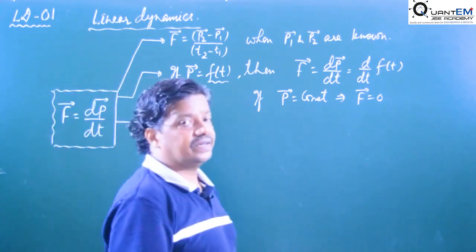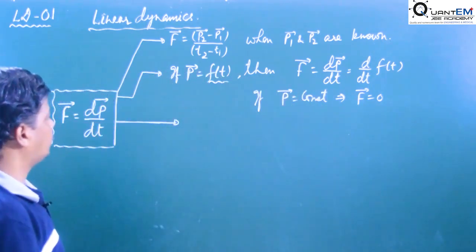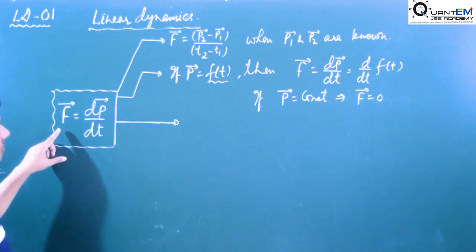Okay. Next part. See, differentiation gives the value of the slope of the graph. So one more piece of information we have from here: the slope of the linear momentum and time graph will give the value of the force.